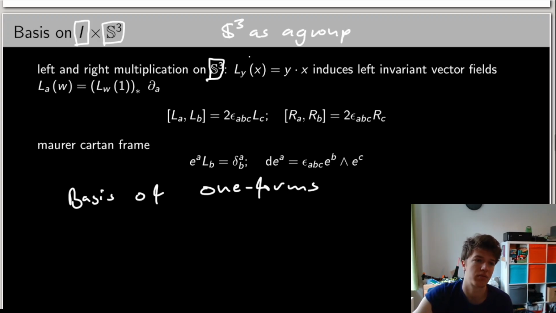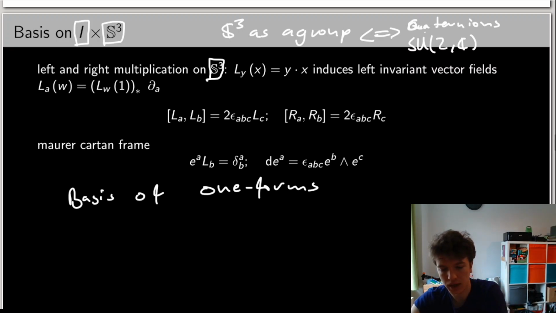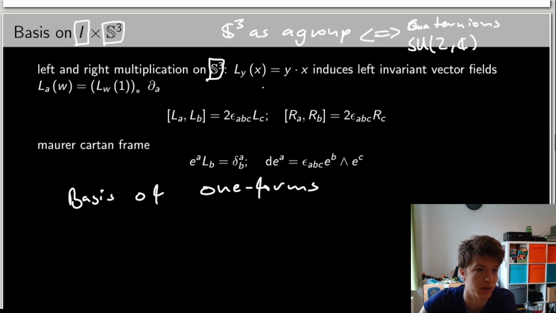And on the first hand you can directly see that, but this can be done by identifying with the quaternions or with a known Lie group SU(2), where we have multiplication, and therefore we can also define multiplication on S3.